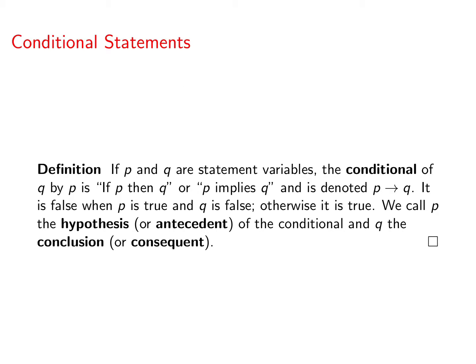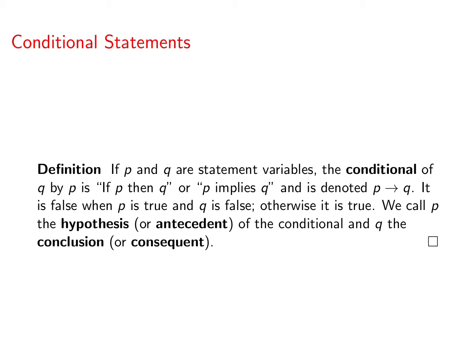So we make a definition, and our definition will say that if P and Q are statement variables, then the conditional of Q by P is if P then Q. And actually the most common way that we're going to be saying this is P implies Q. And this is going to be denoted with our arrow notation that we've talked about before.